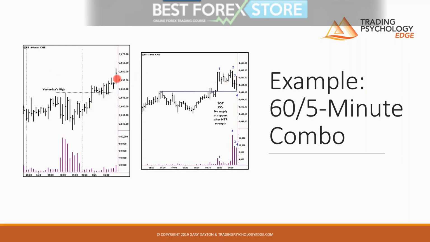But we are getting some increased volume. We're looking for increased volume relative to the last several bars. You can see we've broken out here and pushed up, and we have increased volume.